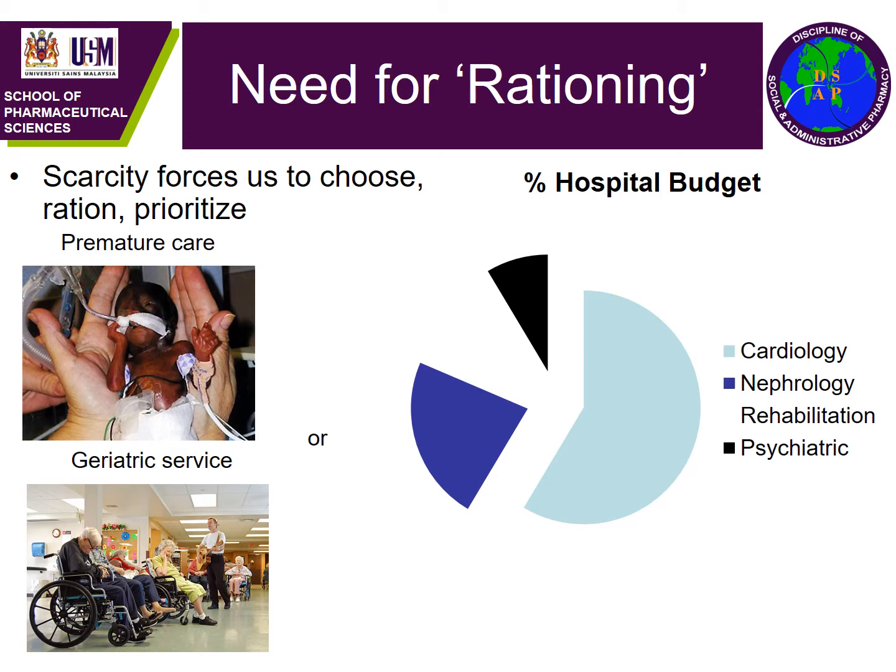Scarcity forces us to choose, ration, and prioritize. And this is actually the most difficult problem that the decision makers have to face whenever they have to decide, because some of these decisions actually can result in perhaps loss of budget and death.